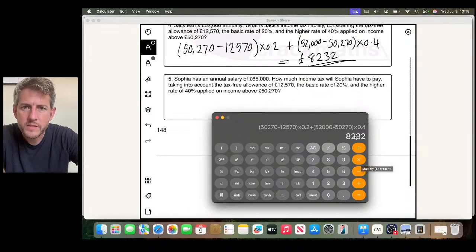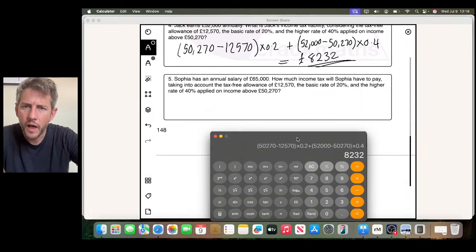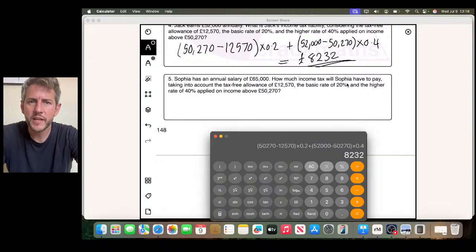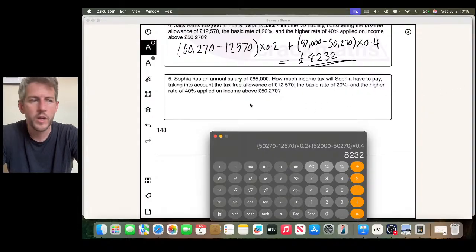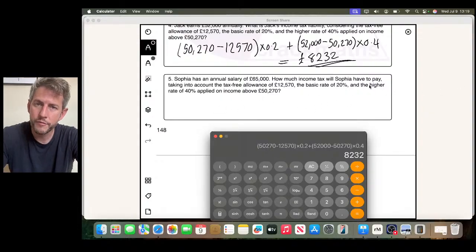Right. Last question here for this round. We've got Sophia, who has an annual salary of £65,000. How much income tax will Sophia have to pay, taking into account the tax-free allowance of £12,570, the basic rate of 20%, and the higher rate of 40% applied on income above 50,270?